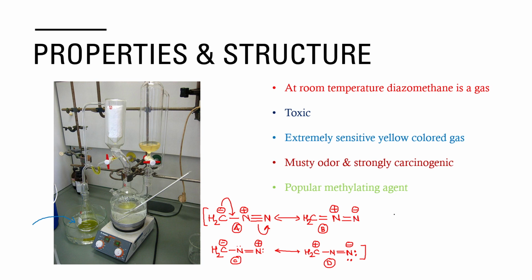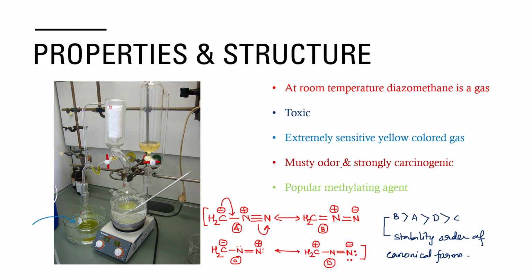Over here the negative charge resides on carbon. So B will be more stable than A. Now between C and D, nitrogen with a positive charge is less stable than nitrogen with a negative charge. So B, A, then D, then C will be the order of stability. Canonical forms. Okay?